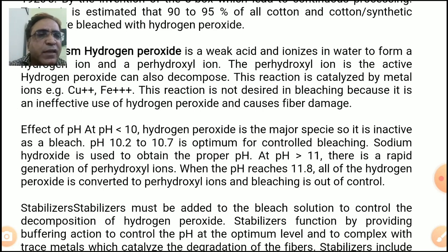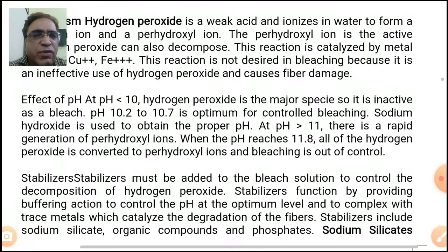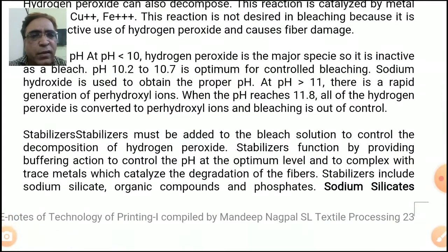If the pH increases beyond 11, we cannot control the perhydroxyl ion formation, so bleaching is non-uniform and not safe. To do the process in a safer way, we add some stabilizers, to control the decomposition of the hydrogen peroxide. हम उसमें कुछ chemicals डालते हैं जिससे कि उसका decomposition कंट्रोल्ड तरीके से होगा और हमारा जो ब्लीचिंग एक्शन है वो यूनिफॉर्म होगा.